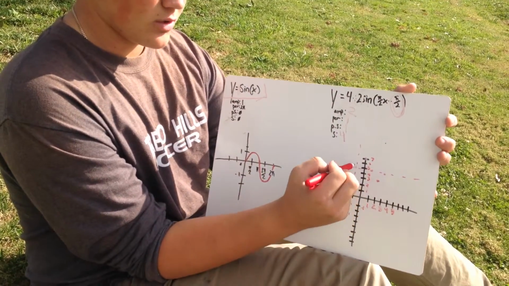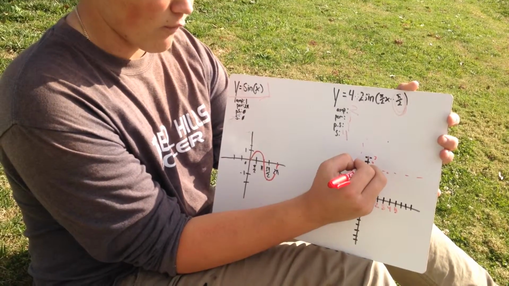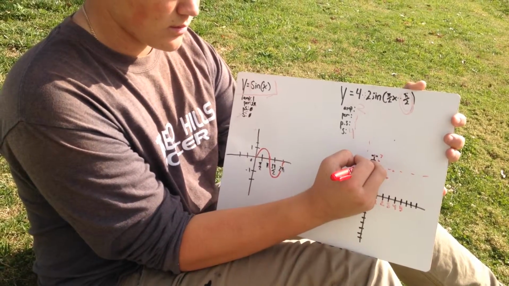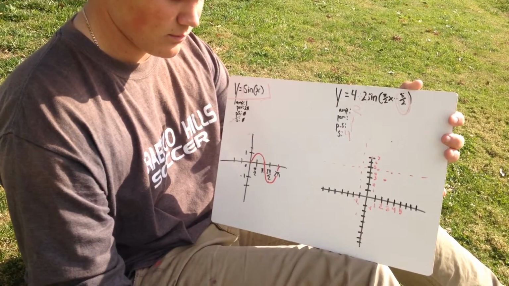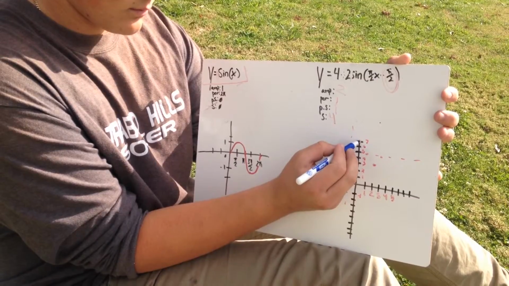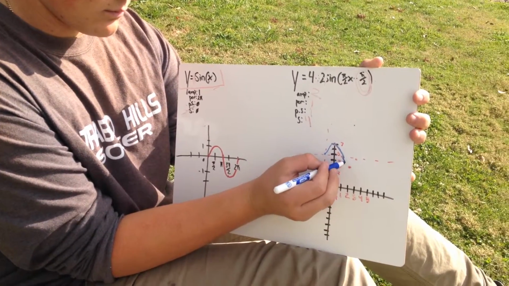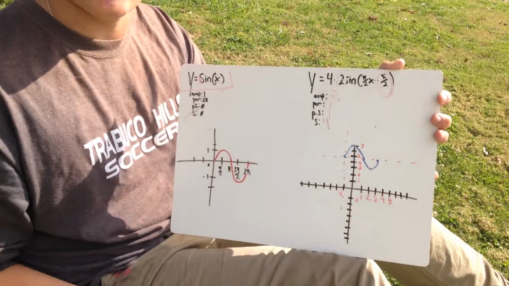After doing so, you start at our origin, come over 1 and up 2, and you graph accordingly. And that's how you graph a sine function.